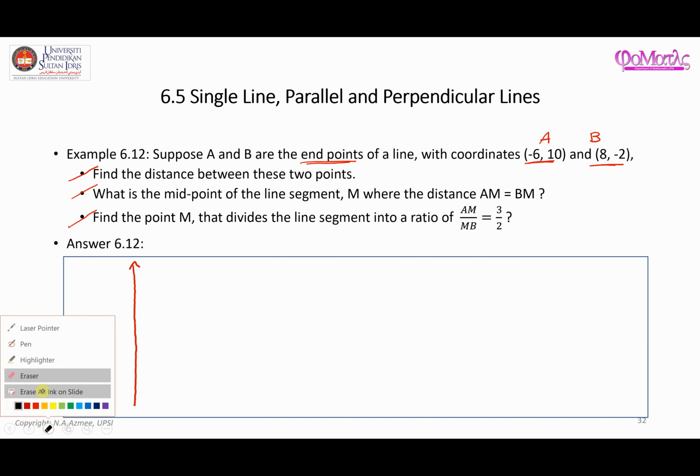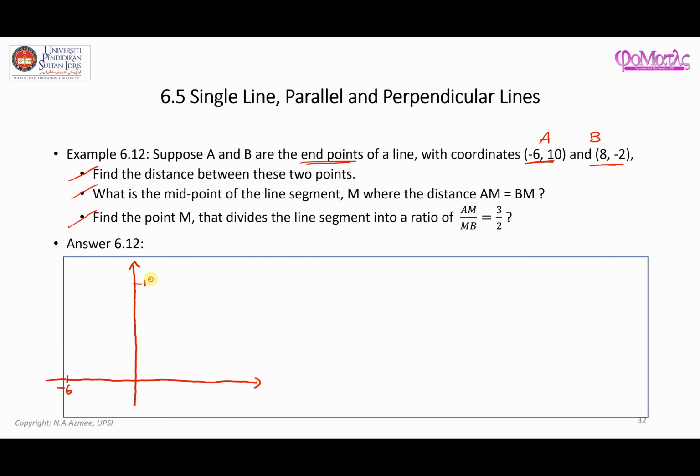Okay, so negative 6 and 10 could be somewhere here. I'm just ignoring the scale. This is just a rough sketch. And this is 8, negative 2. 8, negative 2 might be somewhere here.